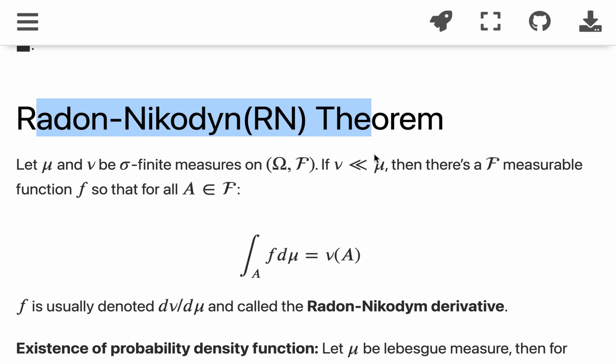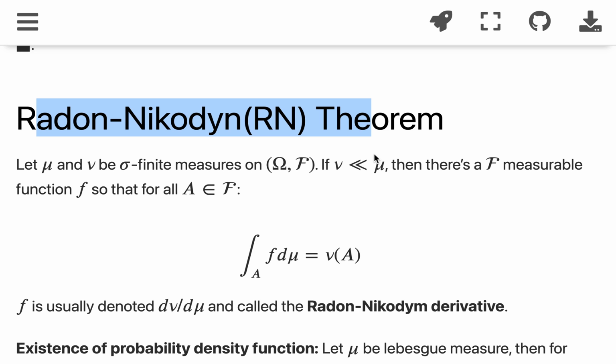Before we talk about that theorem, I want to mention that in elementary probability theory, we were told that for a probability distribution, there's always a probability density function. From now on, you have to understand that it's not always true. Given a probability distribution, you may not have a probability density function.